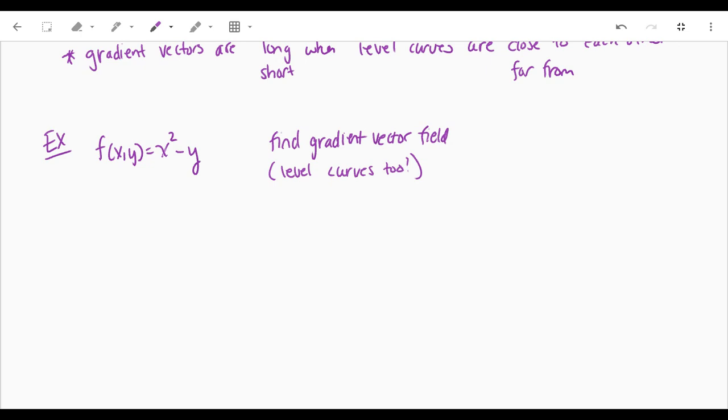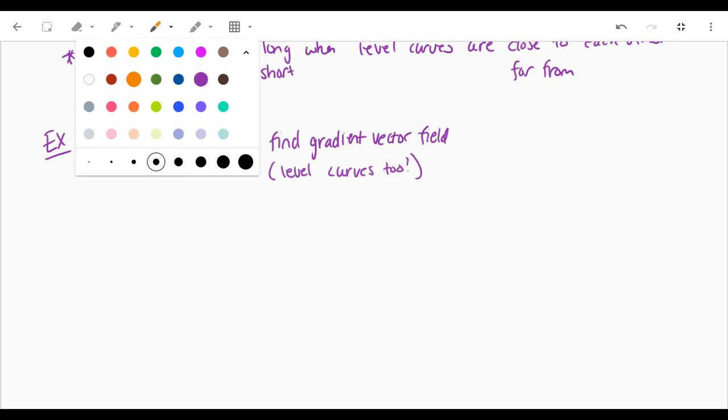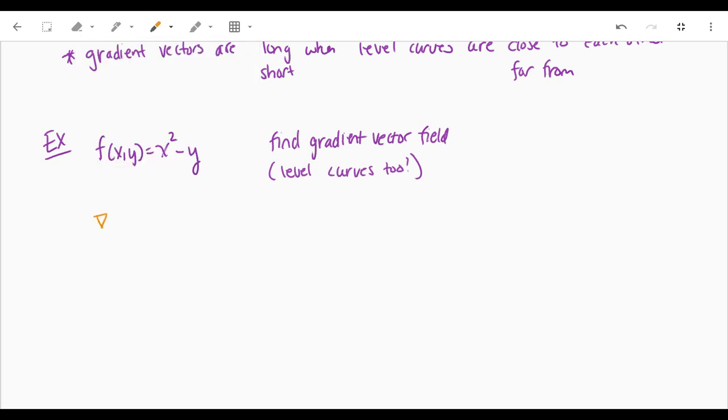So first of all, your gradient vector field will be your partial in x. So it's going to be 2x in the i direction. And then your partial in y, so -1 in the j direction.